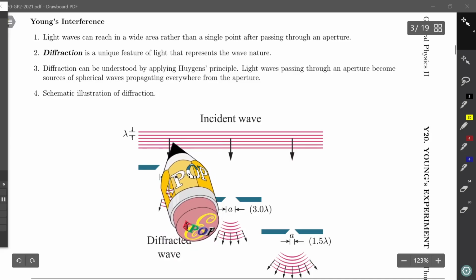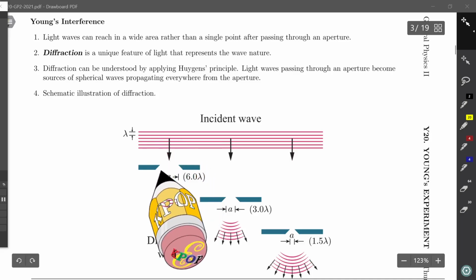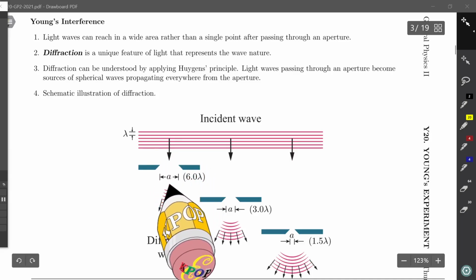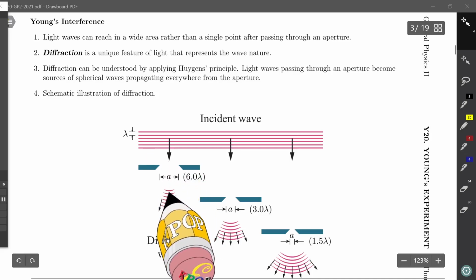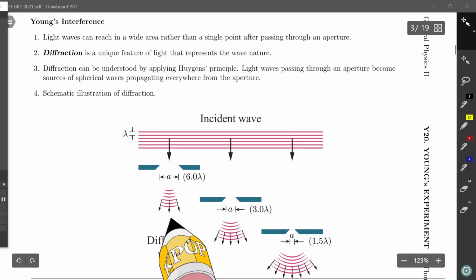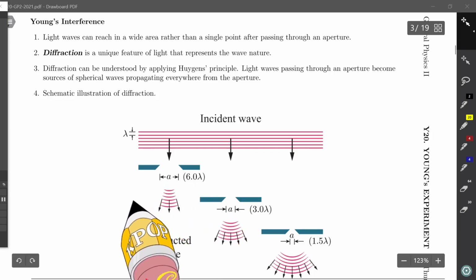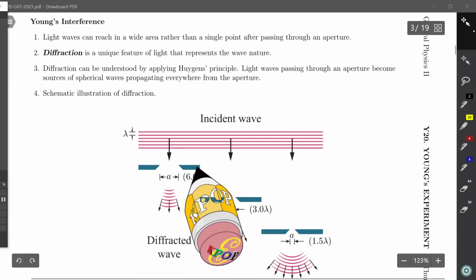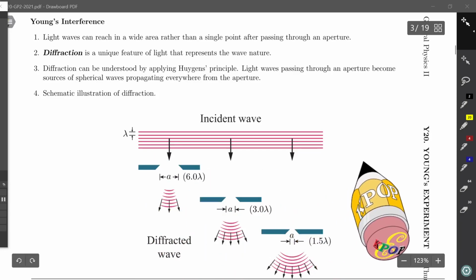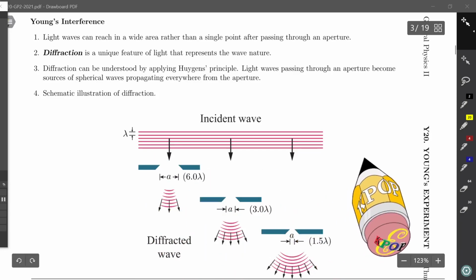If it were a particle, it would have traveled along a straight line. However, because it is a wave, it propagates radially from this hole. This effect is called diffraction.